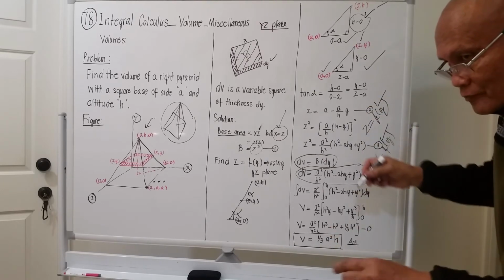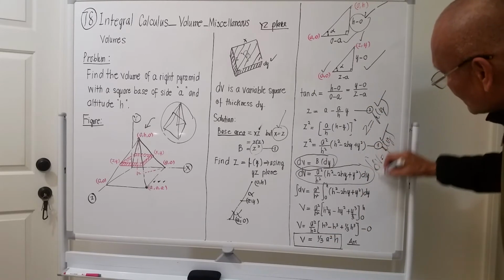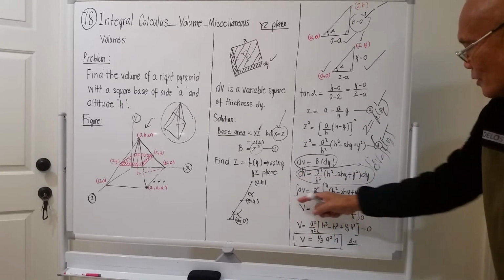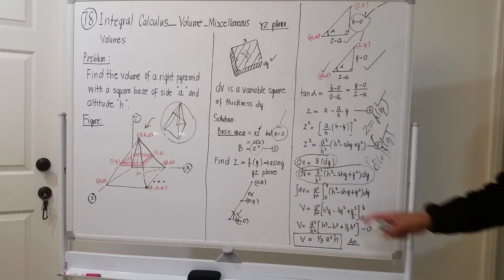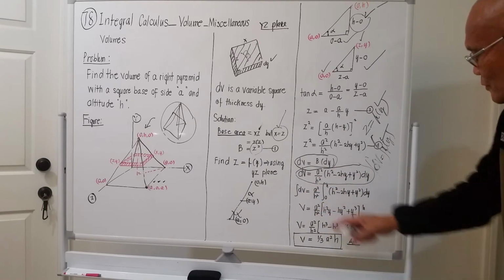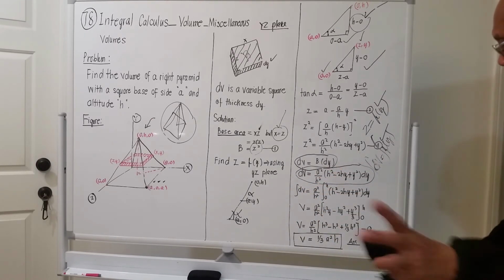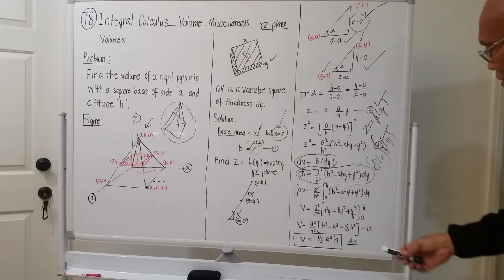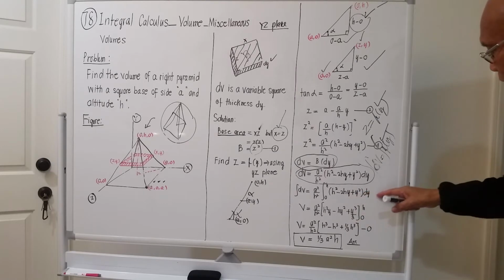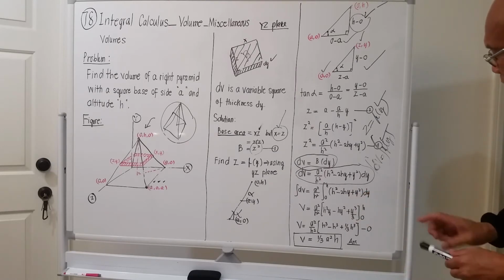So to take the volume, the variable volume, take the integral of both sides. The integral of the differential volume equals, a is constant, h is constant, it goes out, a squared over h squared, the integral. Our limit is from 0 to h of the quantity h squared minus 2hy plus y squared times dy. Why the limit from 0 to h?